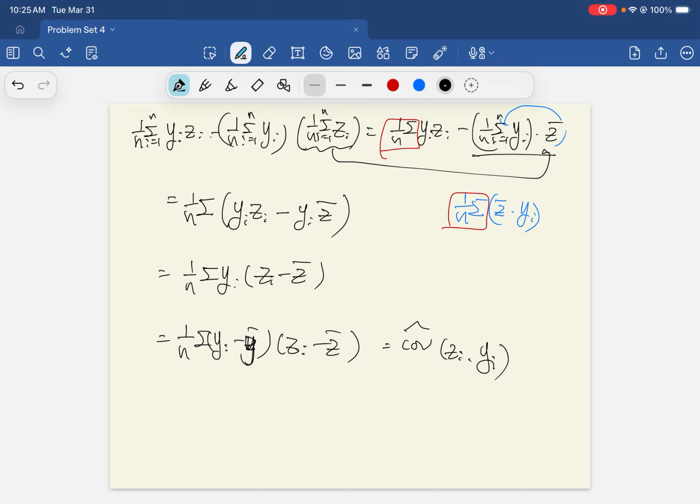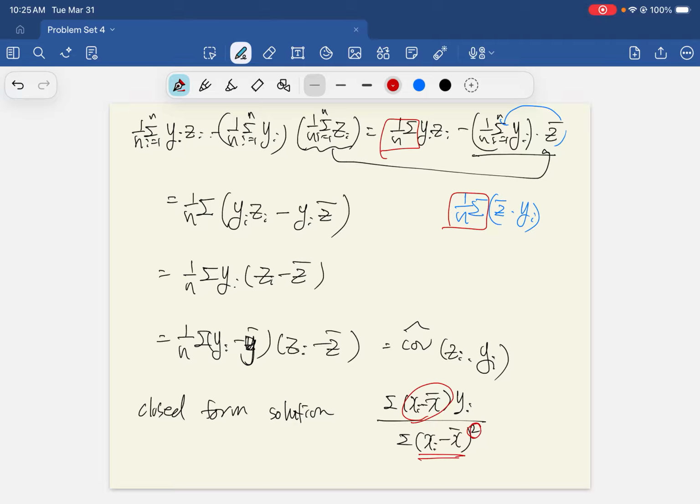Okay. So we show that the closed form solution is very simple actually. And remember, the simple regression OLS had the form of xi minus x bar, yi, over this form. So what we are doing here is we change this part to z, and we change one of the x's in the squares to z.